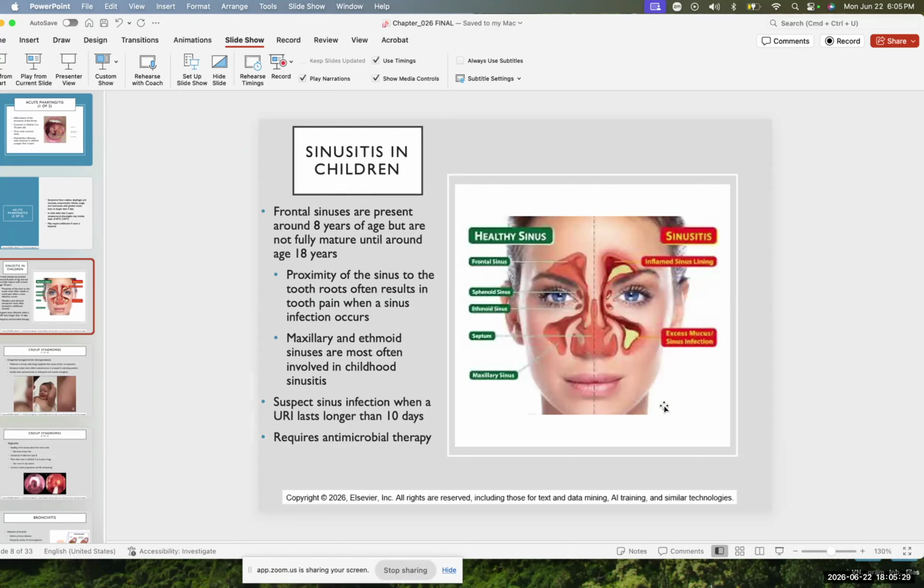What else can we give to control for exudate formation? Humidity and moisture. Humidity and moisture, okay. Rinse the sinuses out. Yes, so that saline wash is going to be awesome. And then stuff to hold back the inflammation.